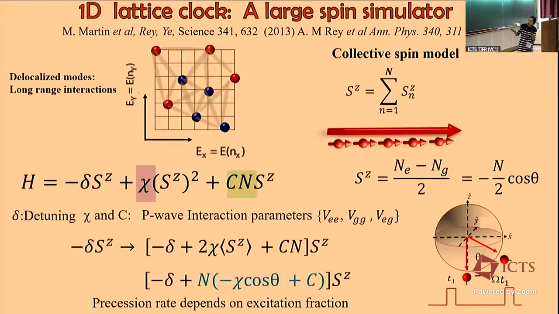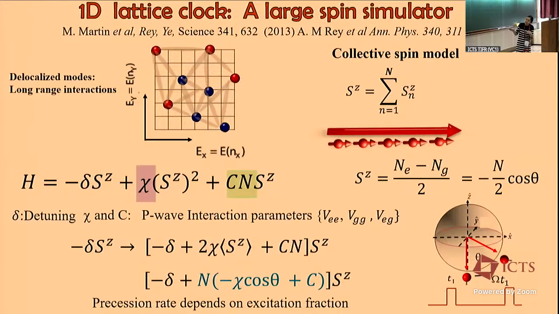The important part, just to summarize the story, is that at the mean field level, the effect of these nonlinear terms is like having an effective magnetic field that changes the detuning, in a way that depends on the inversion that is set by the initial pulse area.